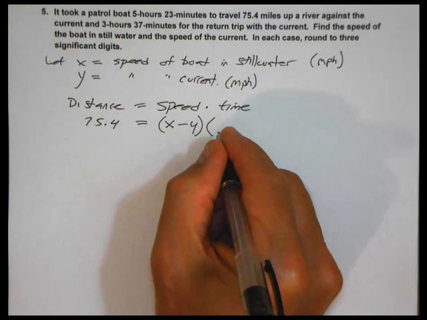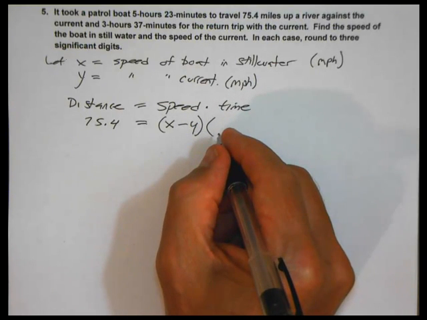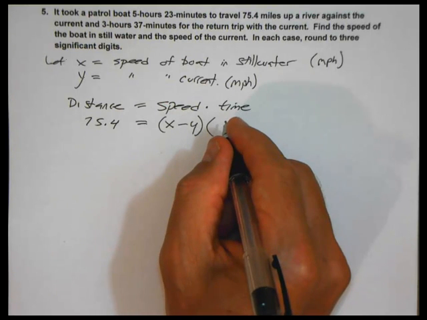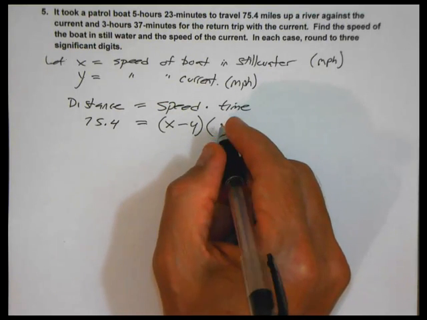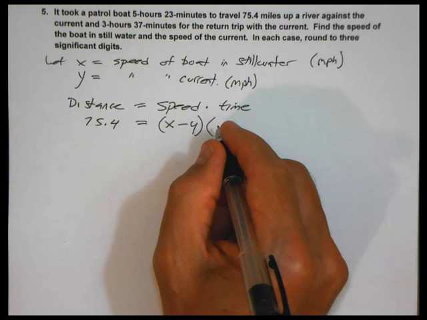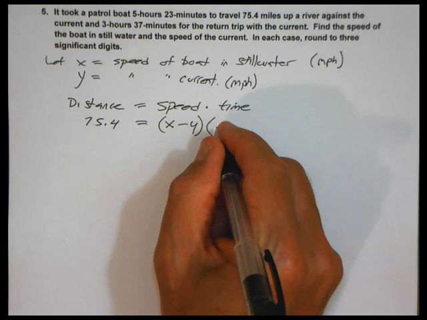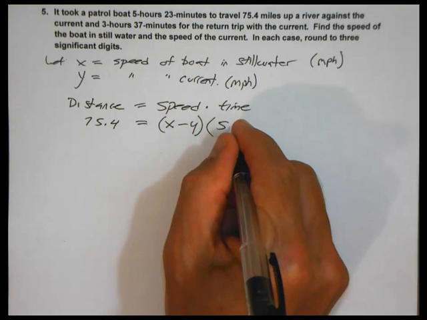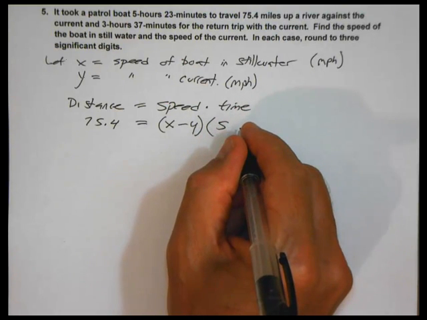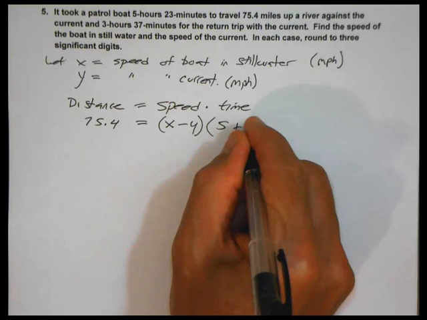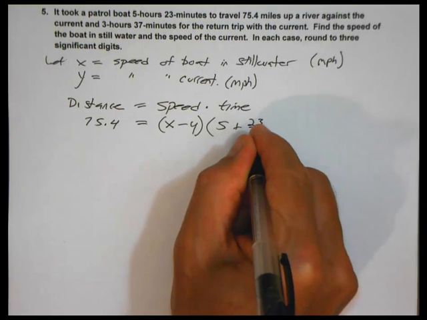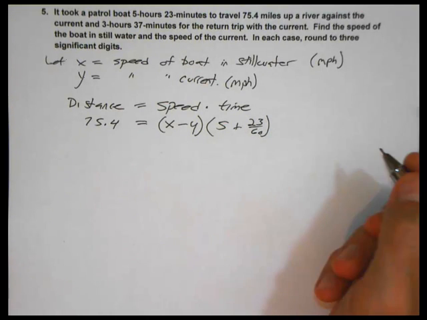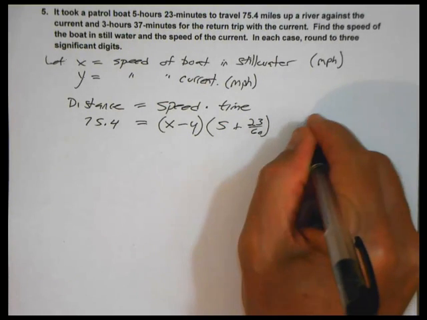And then the time, 5 hours, 23 minutes. Since we have decided to stick with miles and hours, we need to write this in terms of hours only, so we'll need to say 5 plus 23 over 60. This would become equation 1.